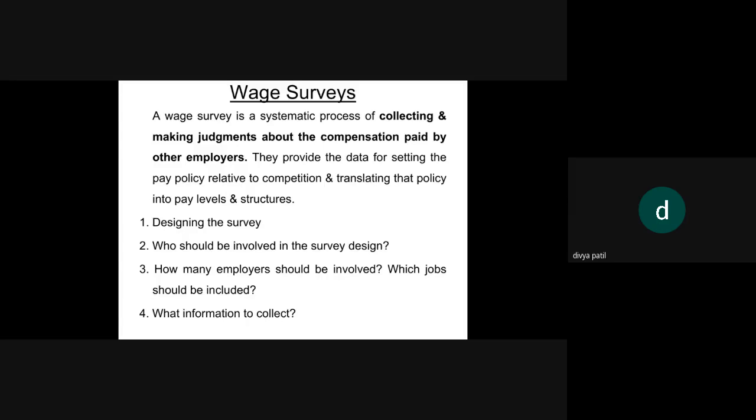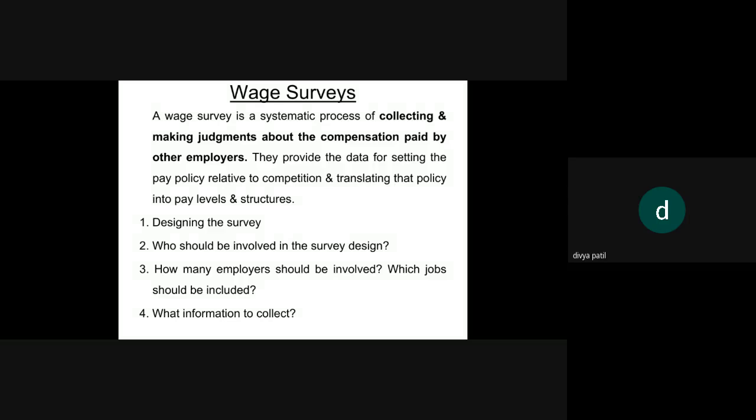Now, for this, we first have to get the information on what is going on in the market and what competitors are doing. So here we are going to use a wage survey, which is a very systematic process that helps you collect information and judge the compensation paid by the competitors and other employers.